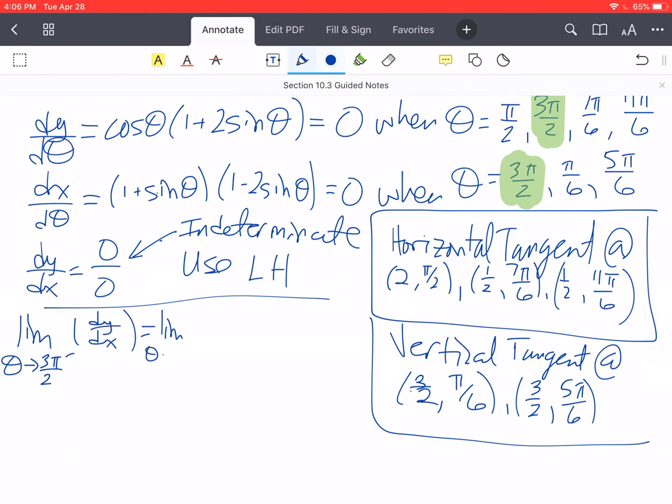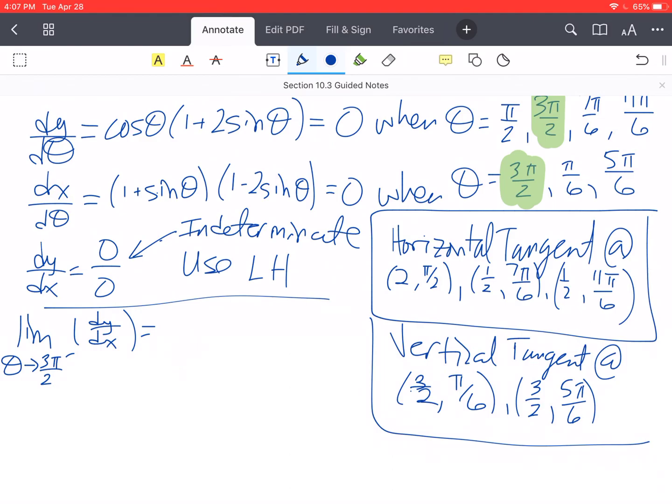Okay, so what that gives us is going to be the two pieces here. So let me rewrite this.